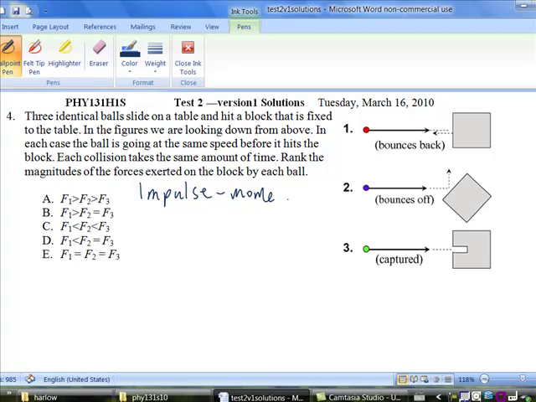momentum. The change in momentum is equal to the force times delta t. Delta p equals F delta t. So for situation 1, start that over again, the p final is equal to the negative of the p initial.